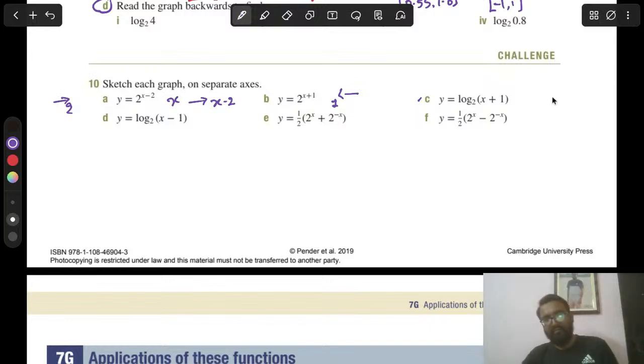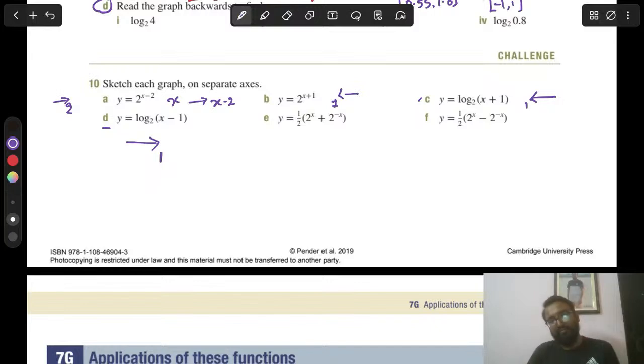Moves to left 1 unit of the log x graph. Okay, what about d? Moves to right 1 unit of the log x graph. And okay, sketch the graphs on separate axes.